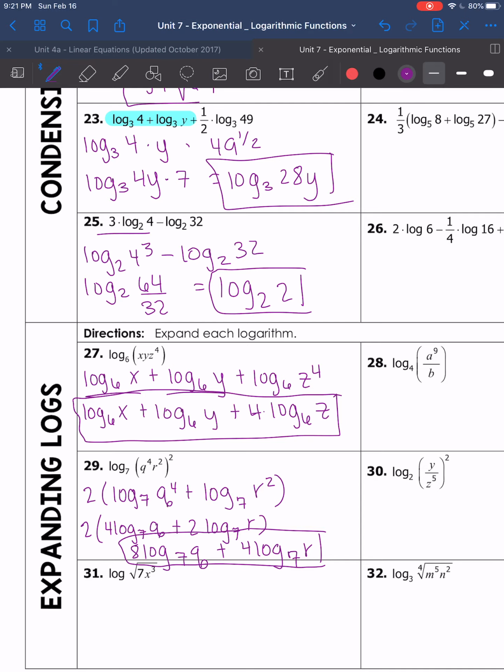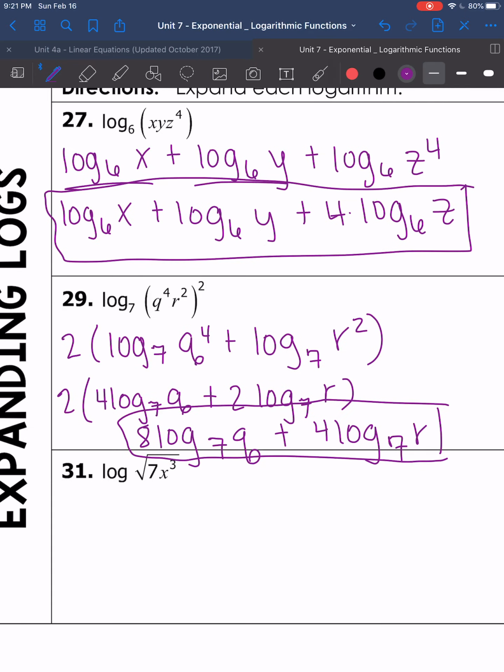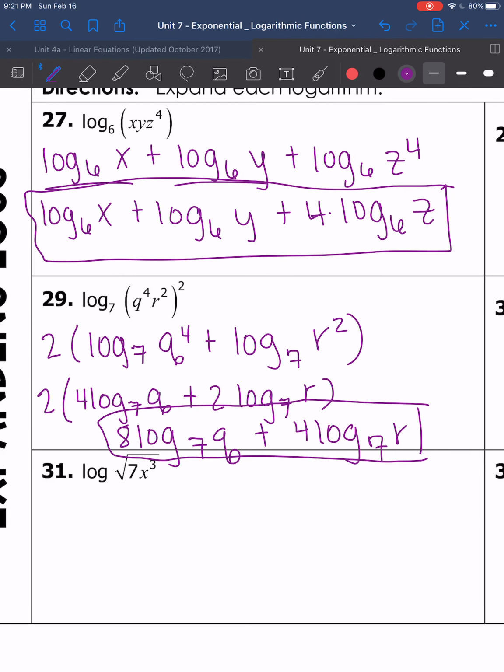And then last but not least, I have log of the square root of 7x cubed, so I can rewrite that as 1/2, and then log of 7 plus log of x cubed.